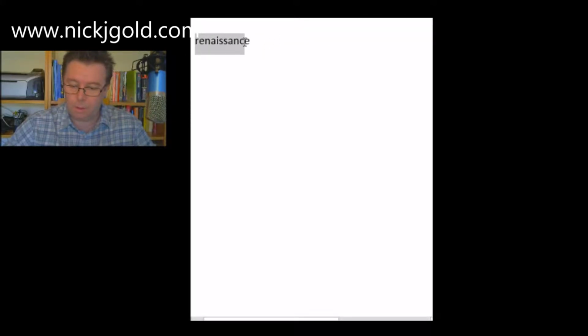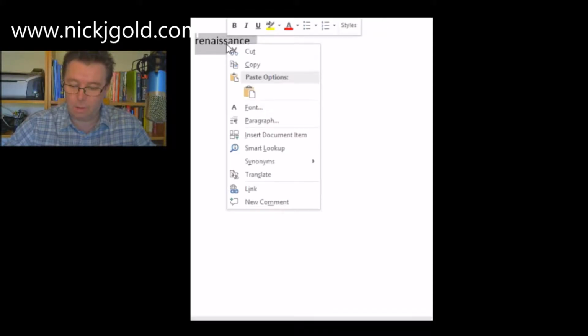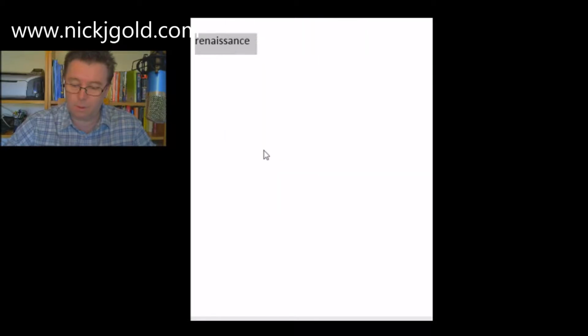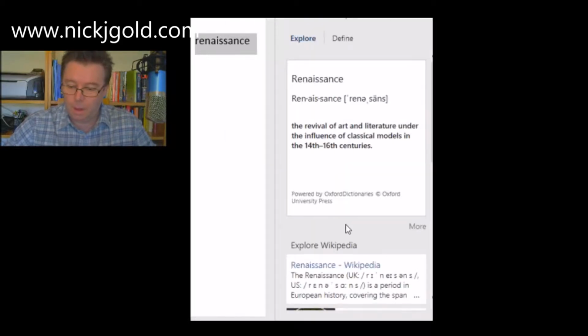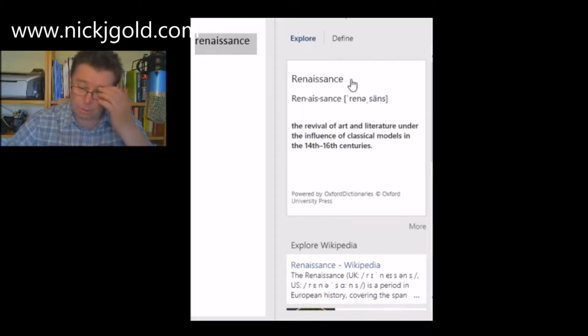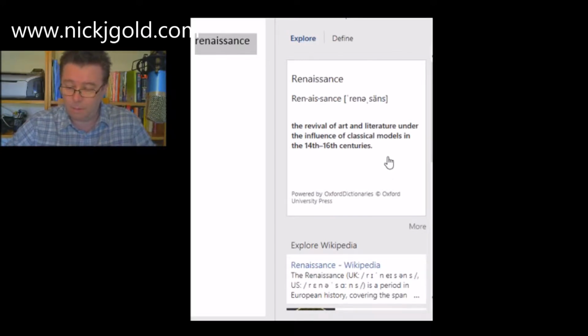Now I can also use the lookup function here on Microsoft Word. Smart lookup, they call it. And it says, Renaissance, the revival of art and literature under the influence of classical models in the 14th to 16th centuries. So you see Renaissance here has a capital R.